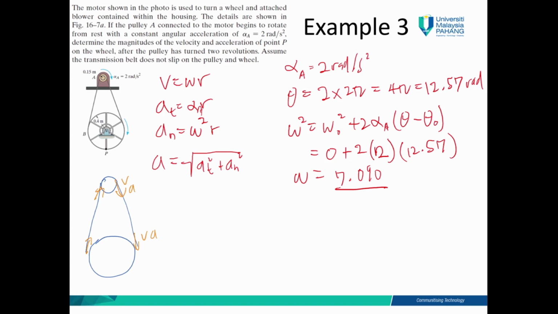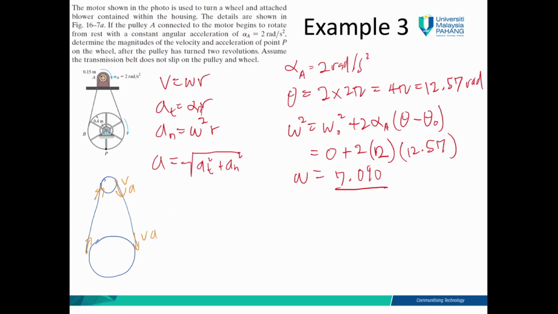However, the angular acceleration and velocity will not be the same. So you know v is equal to the angular velocity times the radius, right? So the v here should be equal to v here, even though the r and the omega is not the same.